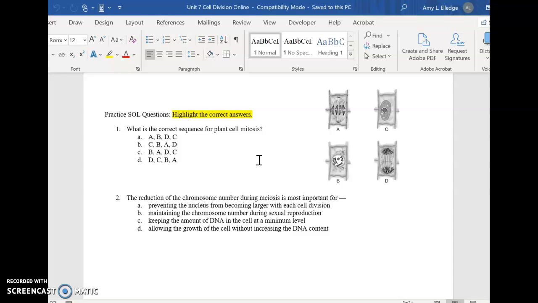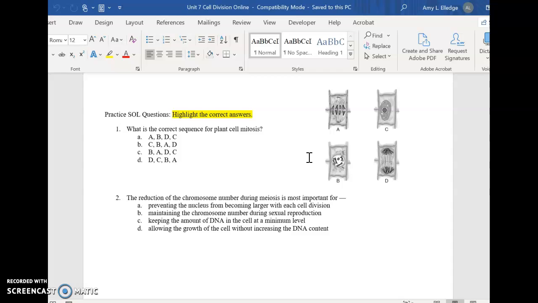But from C, interphase, we would go into prophase. Prophase is when your DNA starts to condense, your spindle fibers are forming, and your nucleus may be starting to go away. So that looks like B, where you can clearly see your chromosomes, and you have your little spindles forming up here in the corner. But your nucleus isn't quite gone yet in this form of prophase, because remember, this is actually a continuous process.